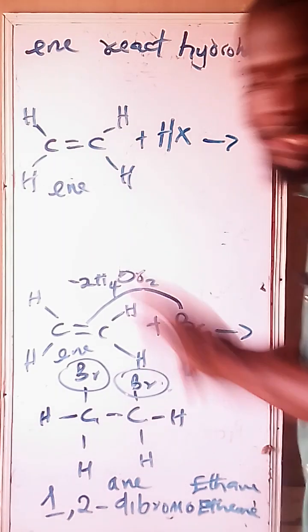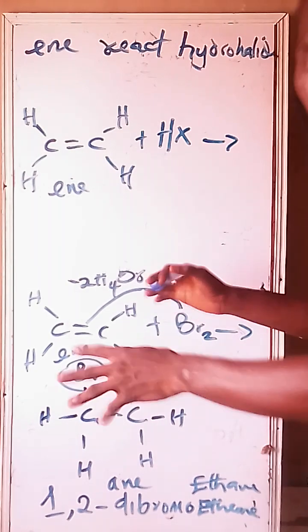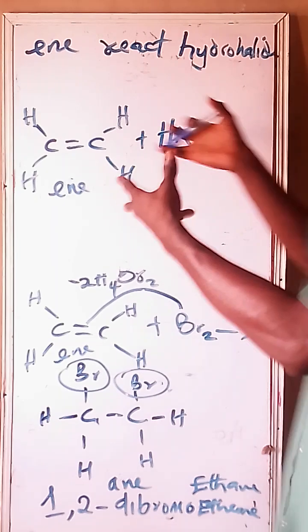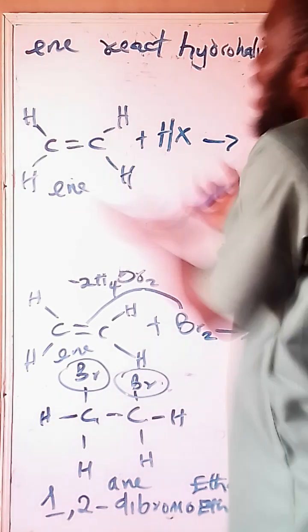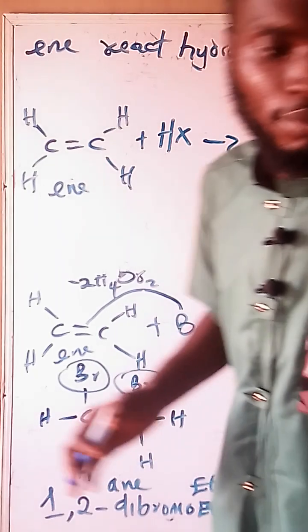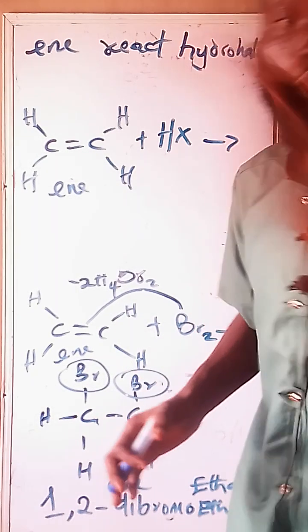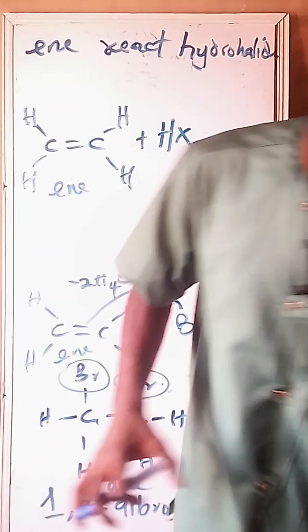JAMB will bring this type of structure and ask you what the catalyst involved for this reaction to occur is. A, aluminium 3 chloride. B, aluminium 4 chloride. C, aluminium 5 chloride.